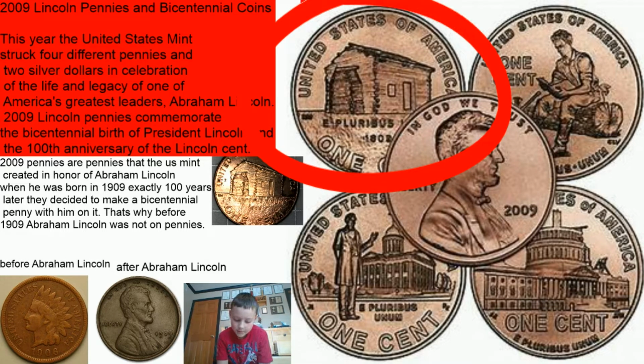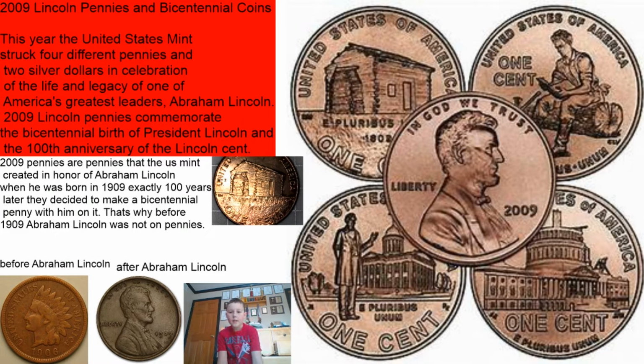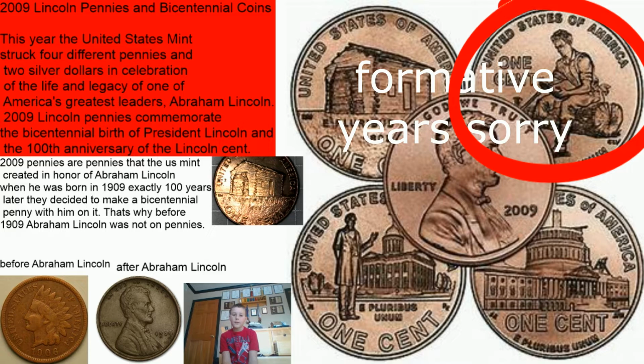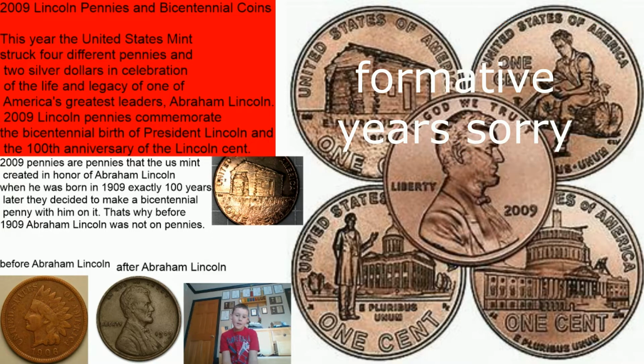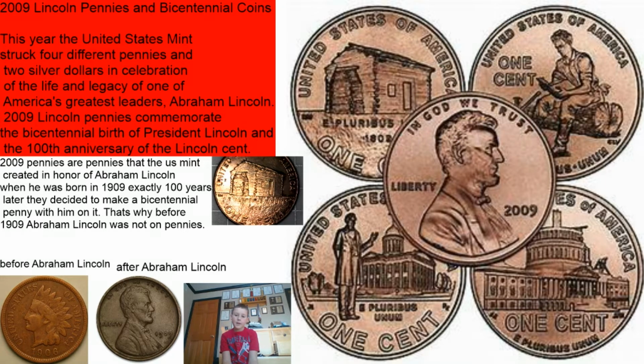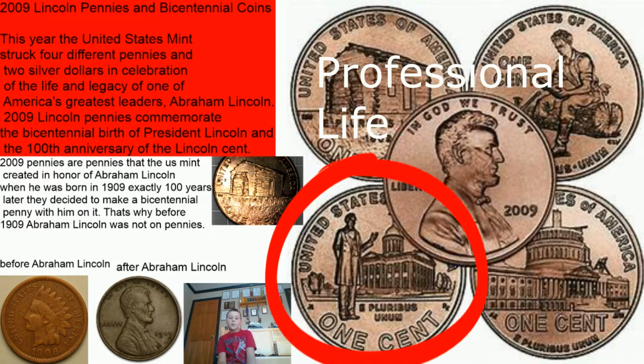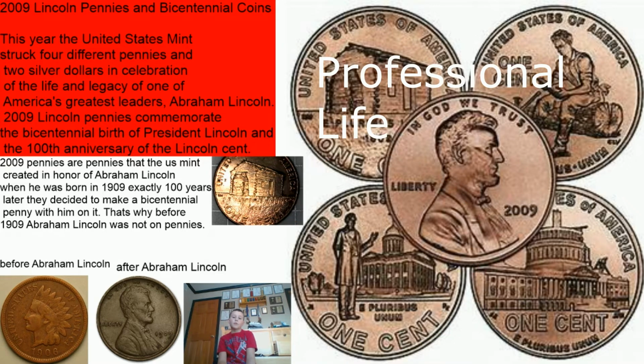I think that's what it's mainly called. And then the other one right next to that is the commemorative years, I think. And then the one after that, I don't know what it's called, but it's pretty common. The log cabin one and that one are pretty common.